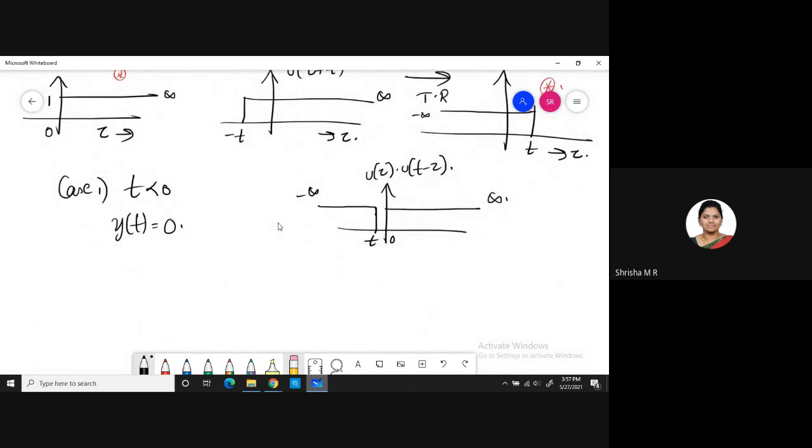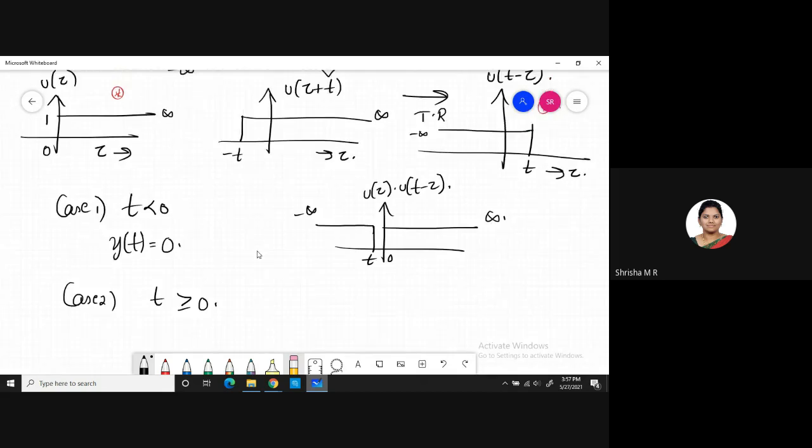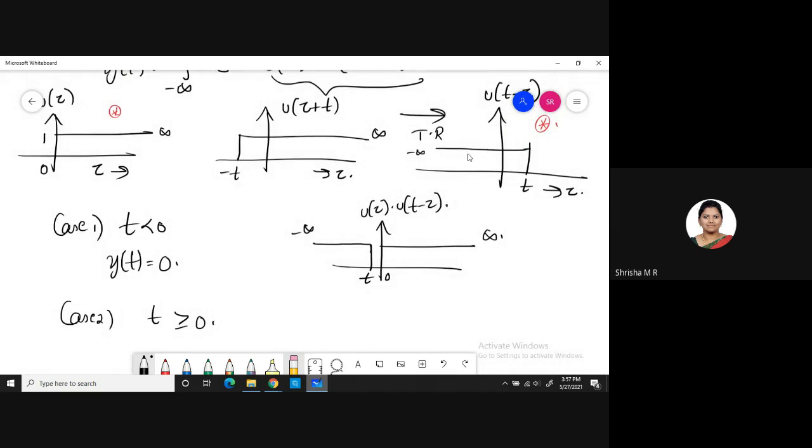So let us see case 2. If t is greater than or equal to 0, what happens? So we'll take case 2, t greater than 0. So what is the overlapping space between this signal and this signal? Overlapping space is 0 to t.